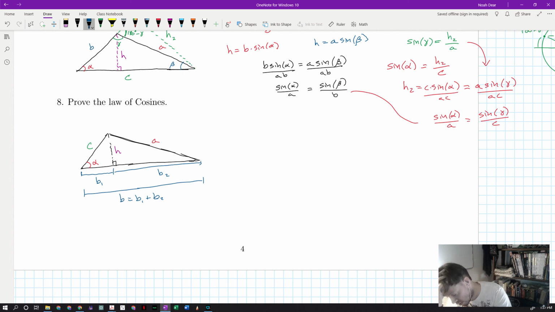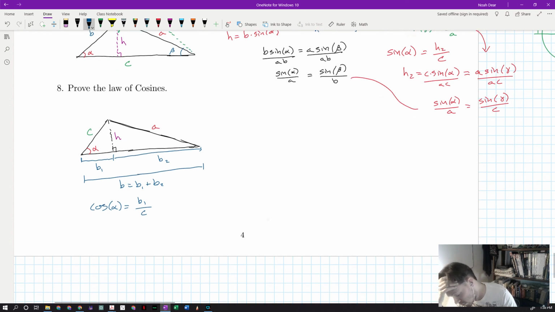So using cosine, I get cosine of alpha equals the adjacent over the hypotenuse. So the adjacent is B1, the hypotenuse is C. I also know that C squared equals B1 squared plus H squared.